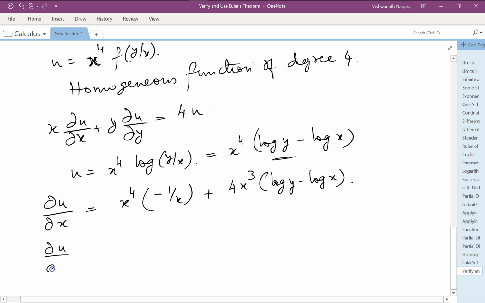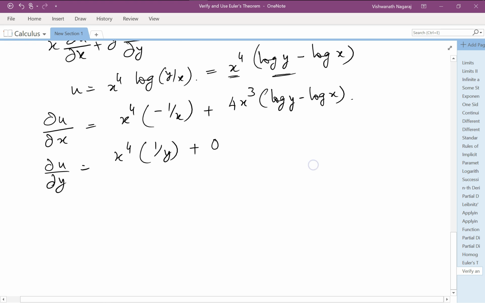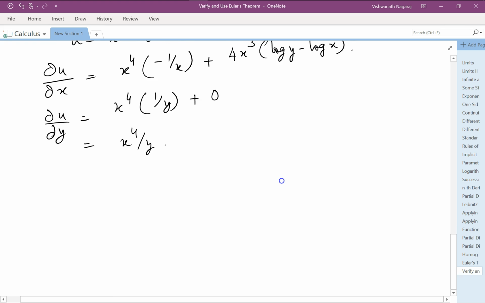Dou u by dou y, if we differentiate with respect to y, then what happens? x to the power of 4 times 1 by y, plus the other term is a constant, so when we differentiate we get 0. So 0 times everything is 0, and we are left with x to the power of 4 by y.